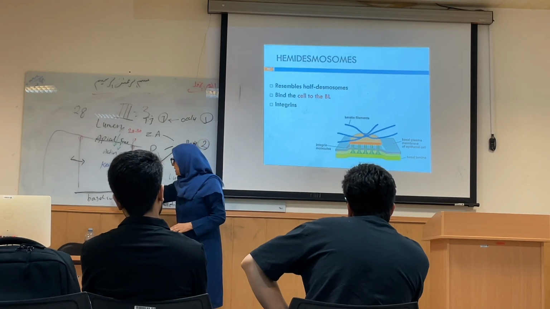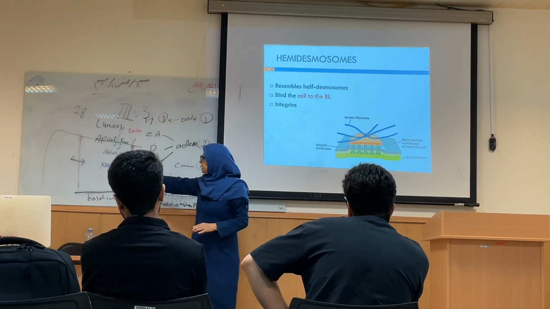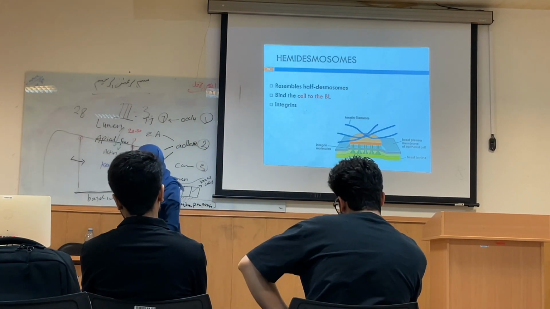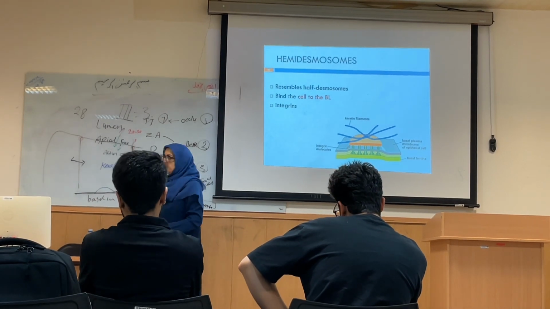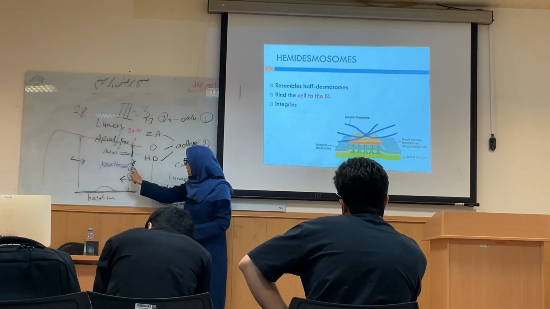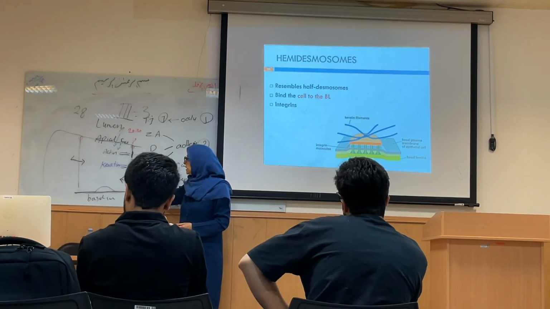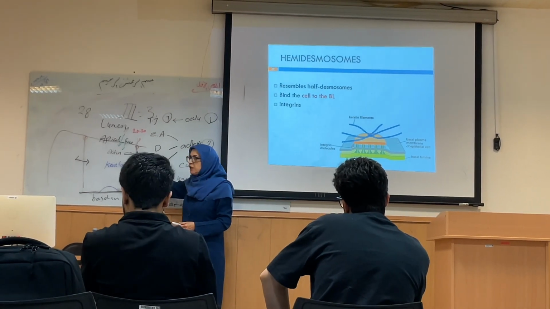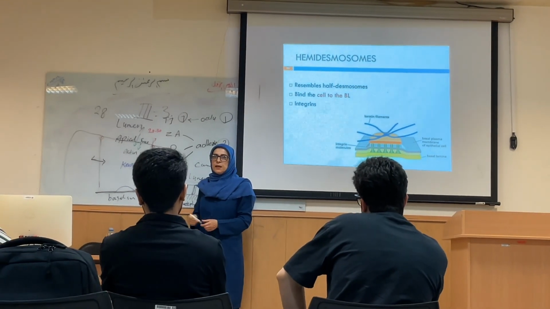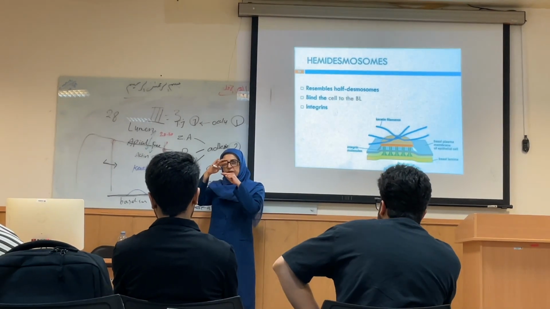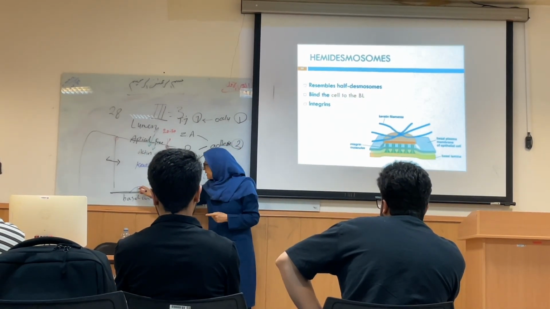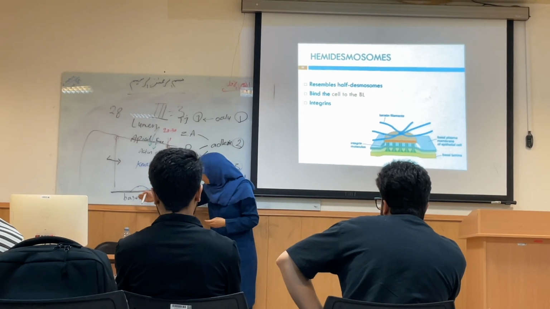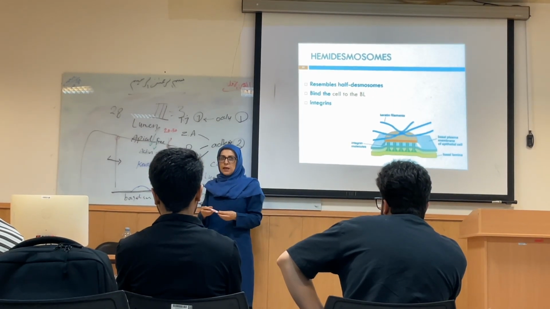The hemidesmosome is in the basal surface, not in the lateral surface. It is hemi, half of the desmosome. A desmosome has two plaques, one in each neighboring cell, but the hemidesmosome has just half, one plaque. It attaches the cell to the basement membrane.